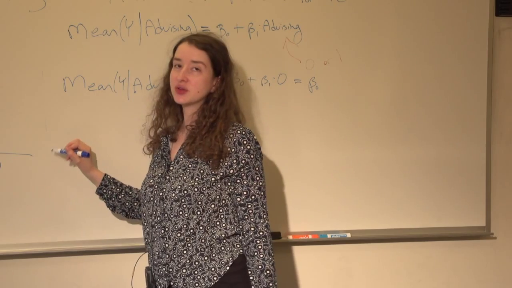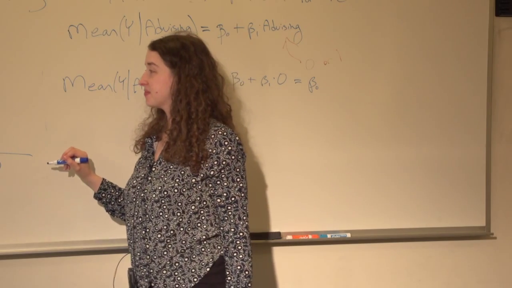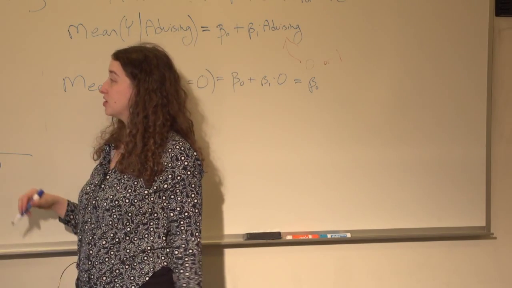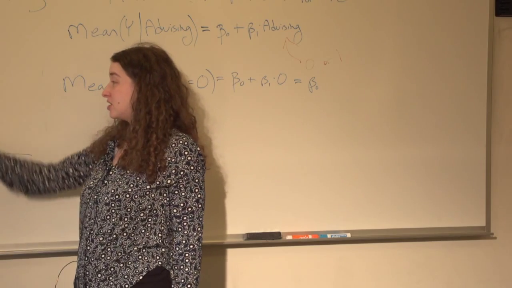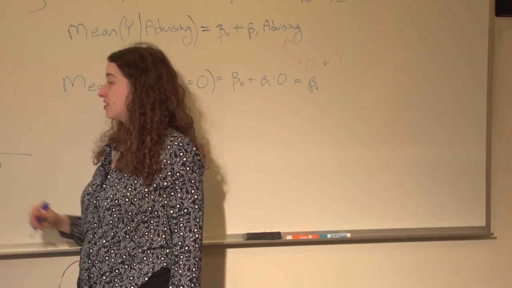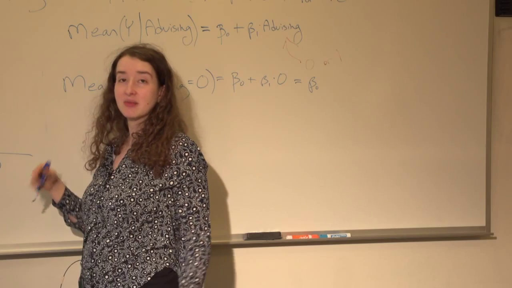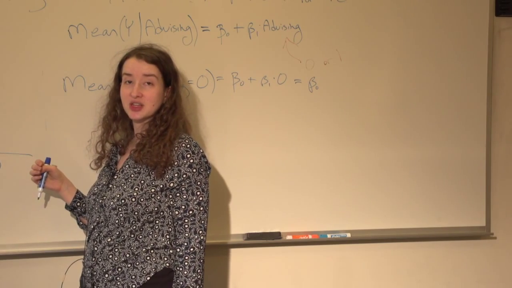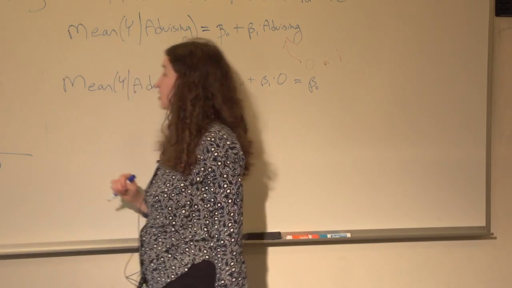If we have another student who did receive advising, and you want to predict her GPA, wouldn't you just look at all the GPAs of the people who got advising and maybe take the mean of those GPAs as your prediction? Again, this model is doing the same thing.